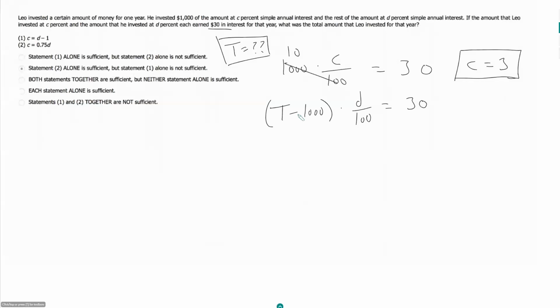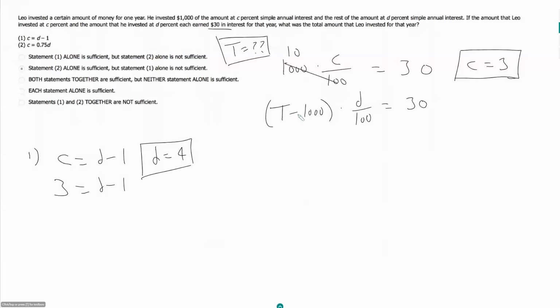So either they can give us D, connect D to C somehow, or just give us D somewhere, and we can find T. In statement 1, it looks like they give us C in terms of D, so this is exactly what we want. So if C is equal to D minus 1, that means 3 is equal to D minus 1, D is equal to 4.